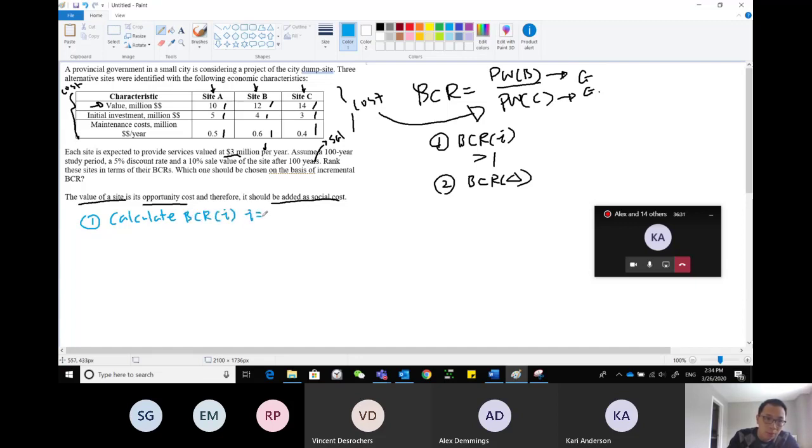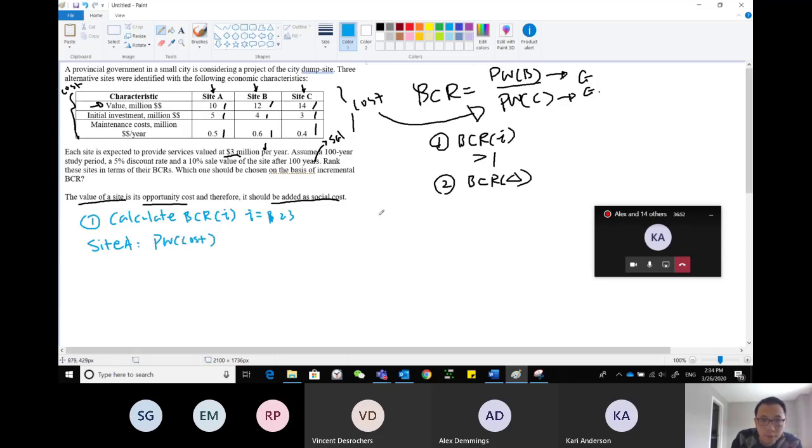Here i equals 3, so we have projects 1, 2, and 3. For site A, let's take a look at the cost, the PW cost.